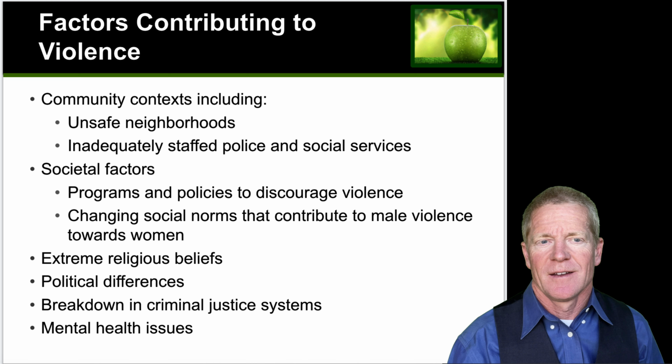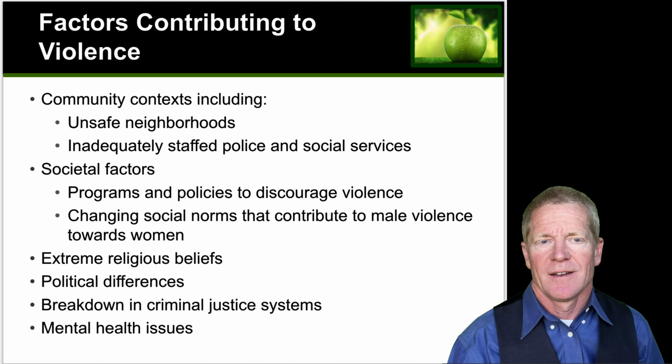There are social norms that can contribute to violence, particularly male directed towards female violence. We need to constantly be aware of these social depictions of male on female violence, and reduce exposure of people to those images and ideas.